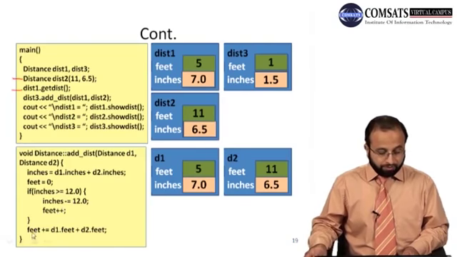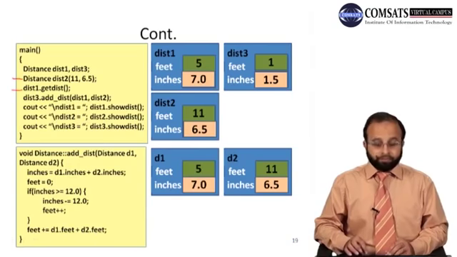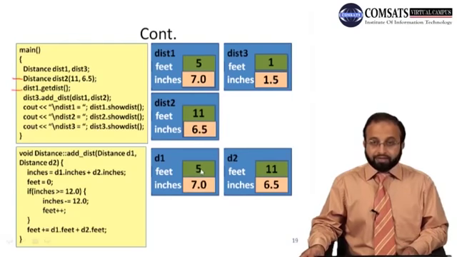It comes outside the if statement, then the statement is feet plus equal to d1 dot feet plus d2 dot feet. The statement is the same as feet is equal to d1 dot feet plus d2 dot feet plus feet. So feet is 1, d1 dot feet is 5, that is 6, and d2 dot feet is 11. Now 6 plus 11 is 17.